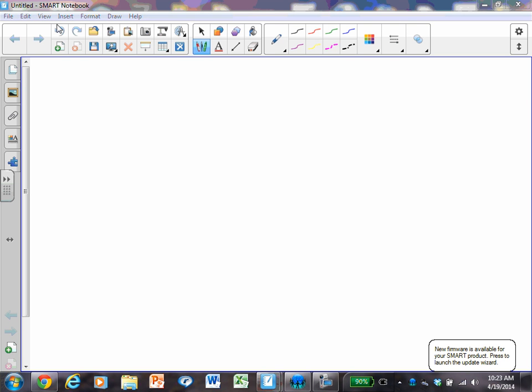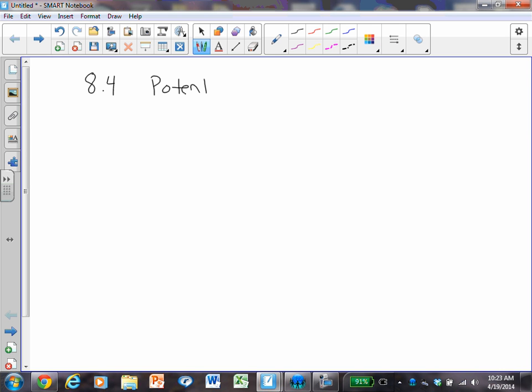So 8.4 is on electric potential difference, also called voltage, and electric potential.